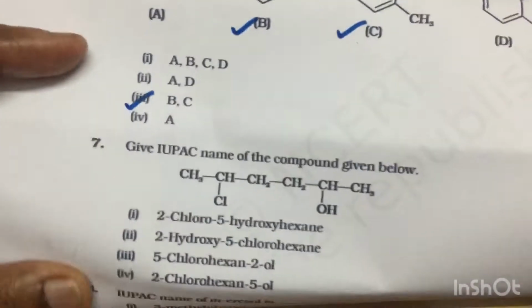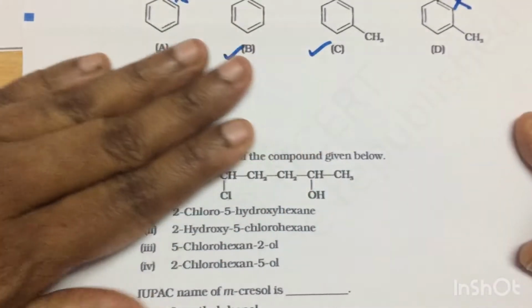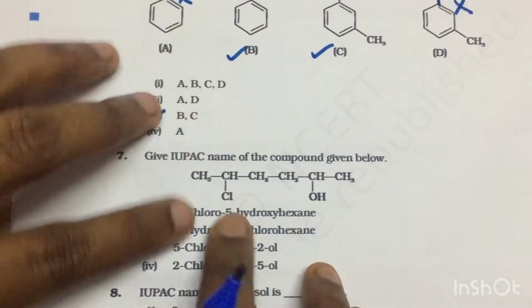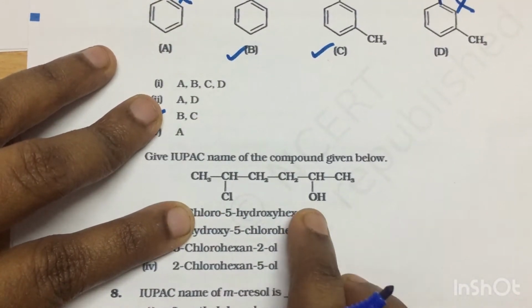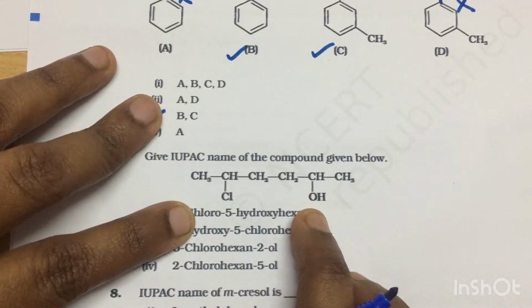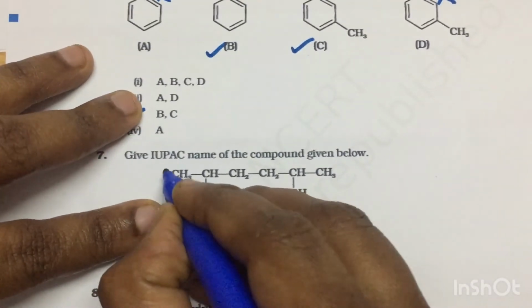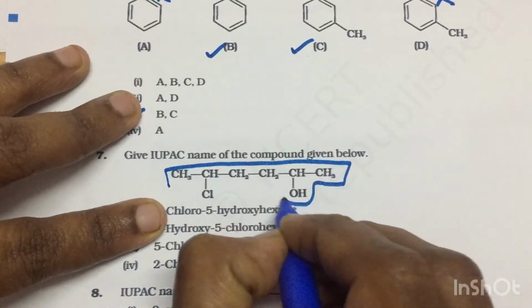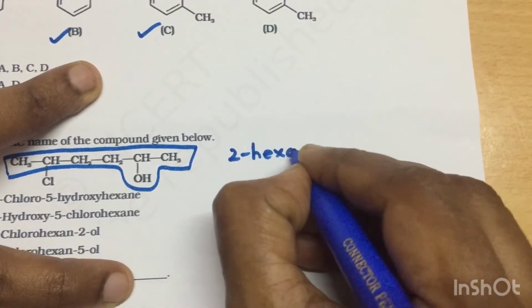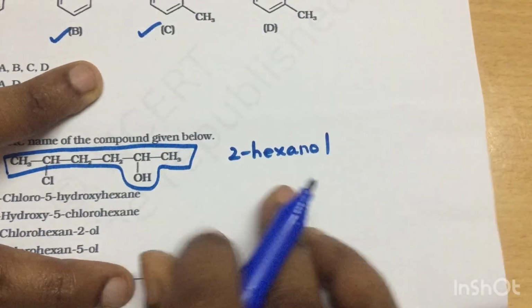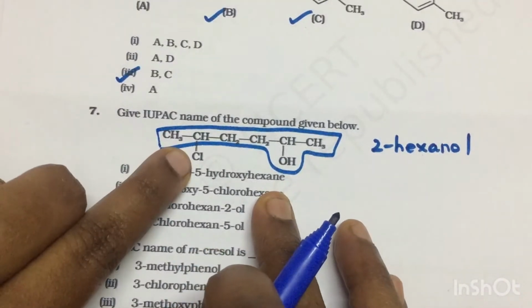So the IUPAC name of the compound given below. So here there are two functional groups, chlorine and hydroxyl. If this comes, you have to give preference to the alcohol. So the main parent chain is 2-hexanol, to which this is attached.